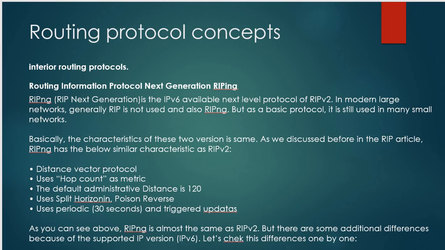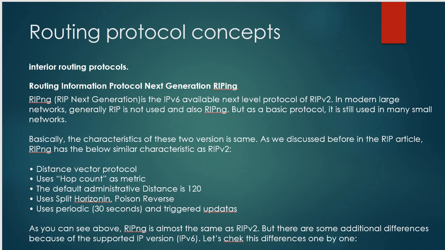It uses split horizon and poison reverse, and uses periodic and triggered updates, 30 seconds periodic and triggered updates. Okay, these are the points in RIP next generation.